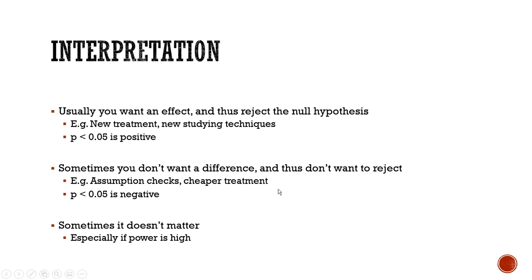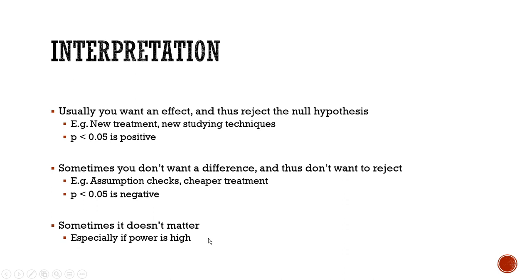There is possibly sometimes you might want to do the same for research, but this is very rare. But an example of this would be that you have a cheaper treatment option and you want to prove that it's not significantly worse than the more expensive one. And thus people can use the cheaper treatment option.